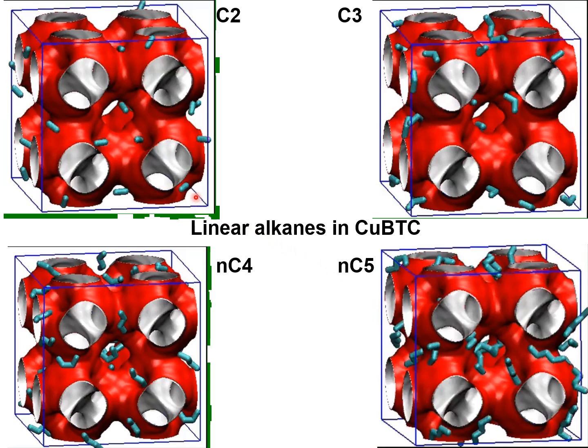The data on the self-diffusivities of C2, C3, NC4 and NC5 also show a maximum at a certain loading, and that loading at which a maximum occurs is different for each molecule because the maximum capacity within the tetrahedral pockets decreases from C2 to NC5.